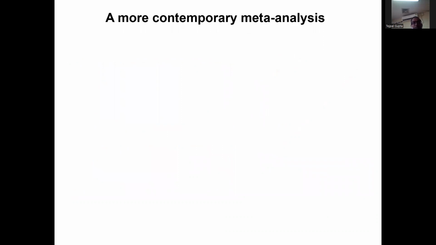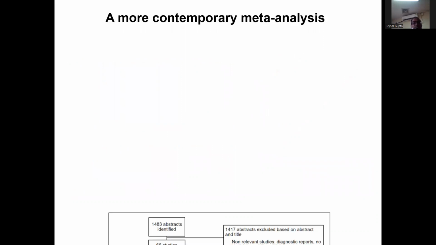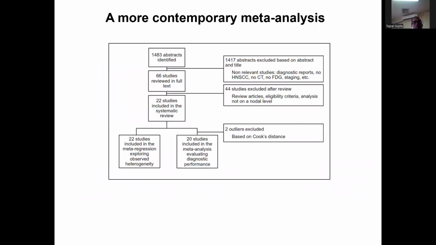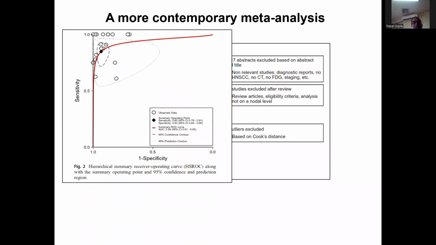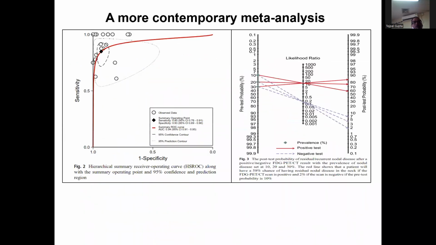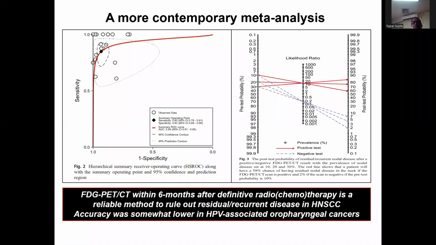A more contemporary meta-analysis published a couple of years ago. So they also looked systematically at the index medical literature, and what they also found was that the area under the curve was quite high. What they also demonstrated was that there was a difference in diagnostic accuracy based on the pre-test probability of having residual disease at the primary site or the neck.